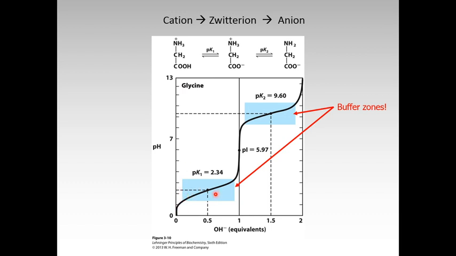Now, as in the titration of any weak acid, a point of inflection, which is the midpoint, is reached where the pH is equal to the pKa of the protonated group being titrated. So this is the first inflection point, and this is where the pKa is equal to the pH.